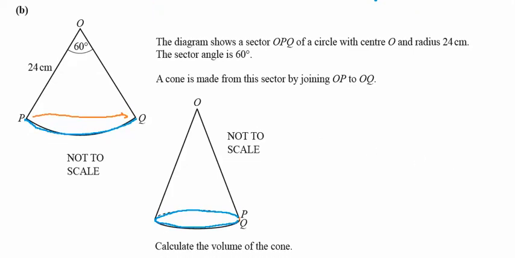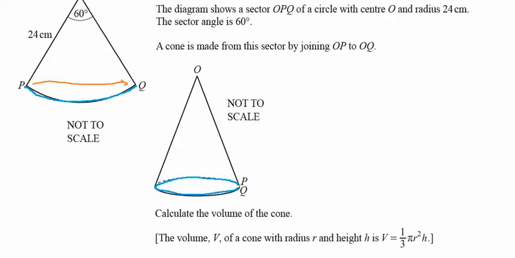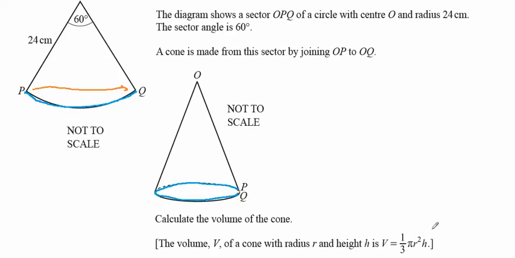So here, calculate the volume of the cone. For the volume of the cone, the formula is given here in the question statement, which is 1 over 3 pi r square into h, which means 1 over 3 base area into height. Base is a circle here.